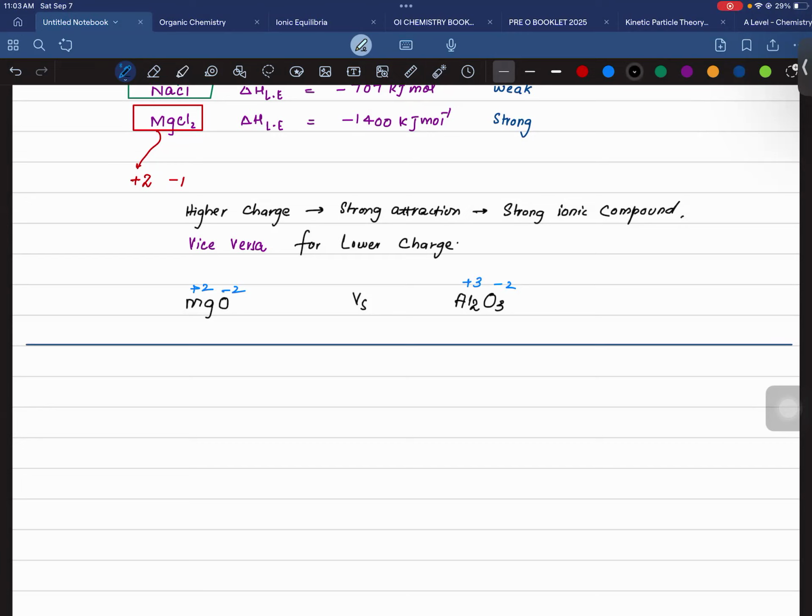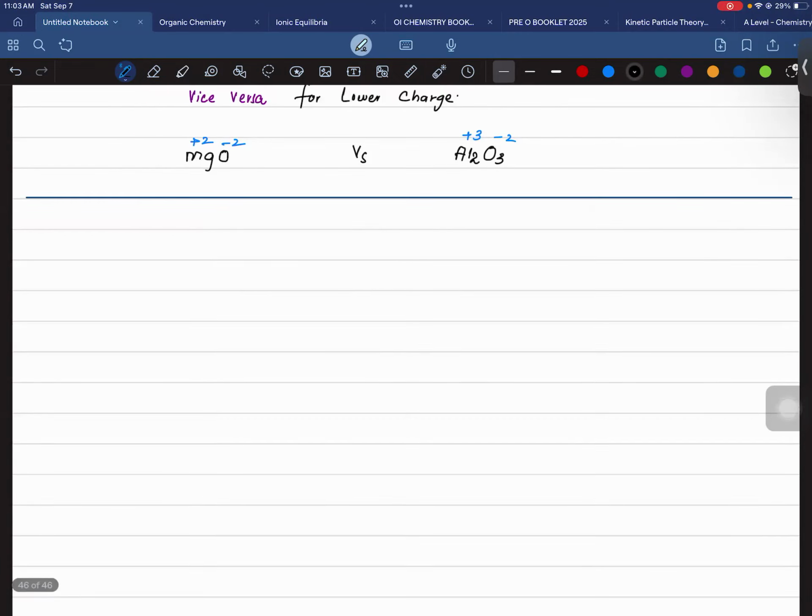Then what is the definition of lattice energy? How can I define that? Remember, lattice energy is always negative, always exothermic.